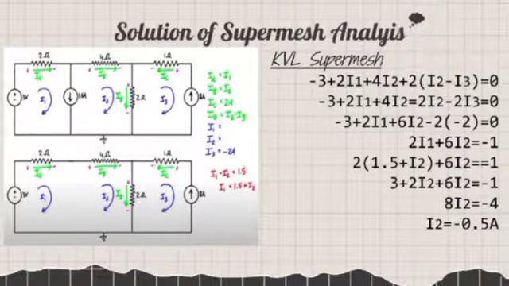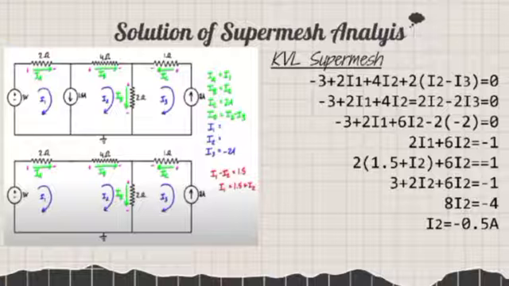Then we apply the KVL equation. We can get the equation given like in the slide. Then we solve it. When we solve it, we will get I2 equal to negative 0.5A. How about I1? We can see from the information that we wrote, I1 is equal to 1.5 plus I2.